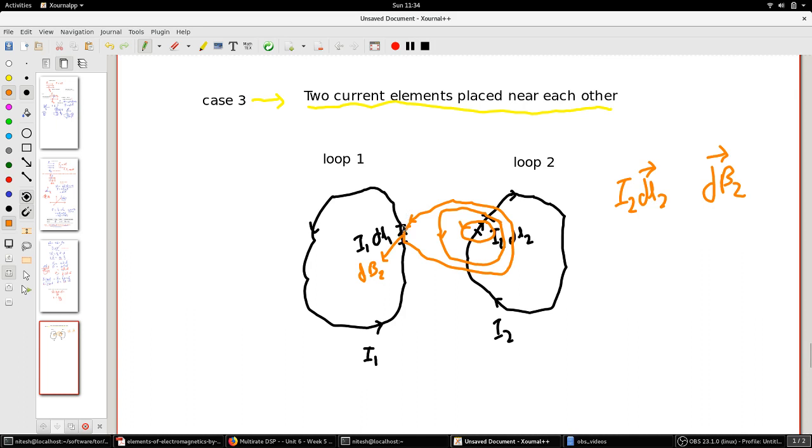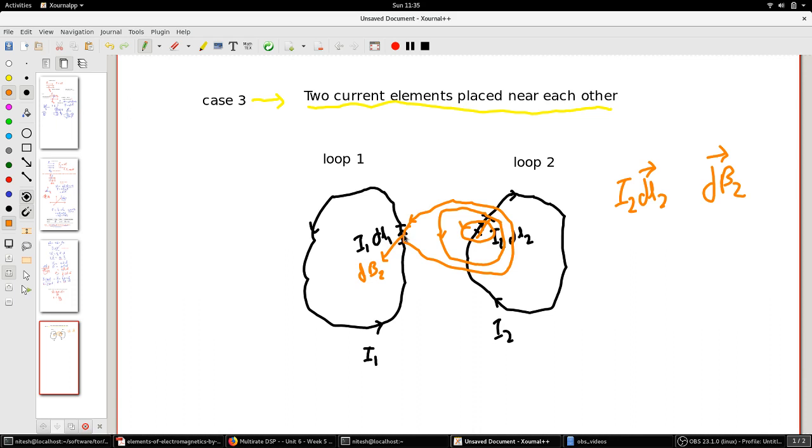Now think of a scenario. This is a magnetic field which exists because of this current element here, right? And this current element here is inadvertently present in this magnetic field.